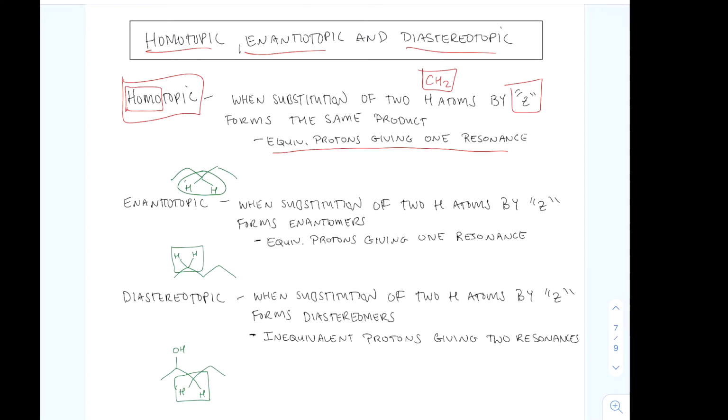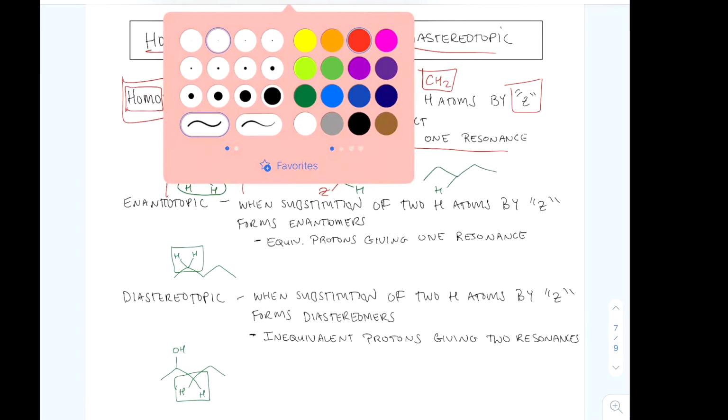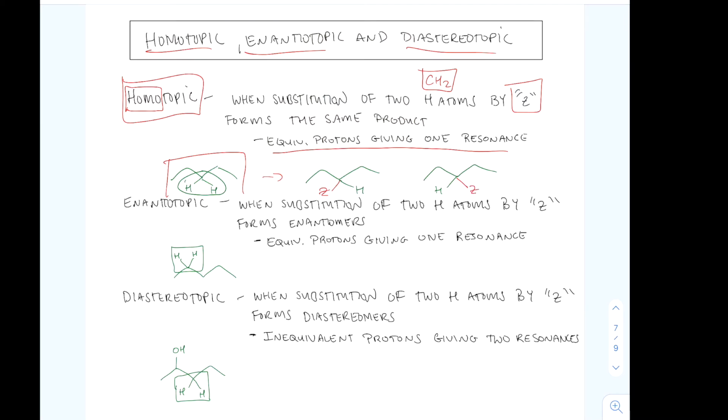Okay, so the example would be down here, where we substitute one of those hydrogens for a Z, and then we substitute the other one for a Z. Remember, Z is generic.